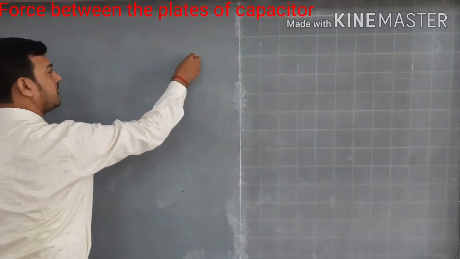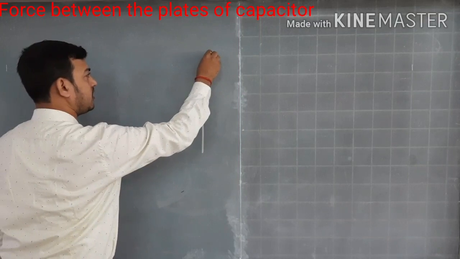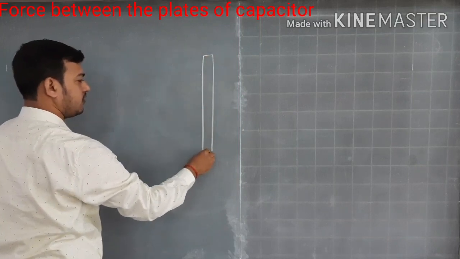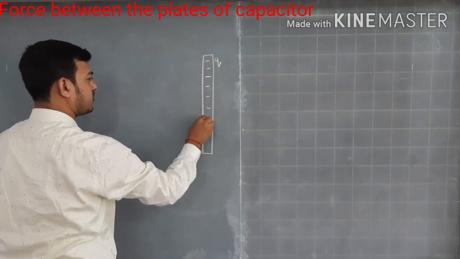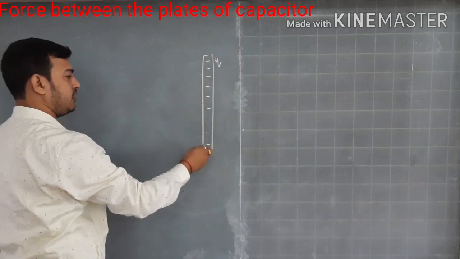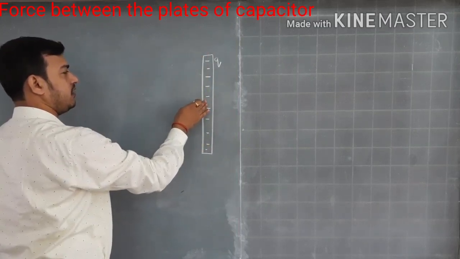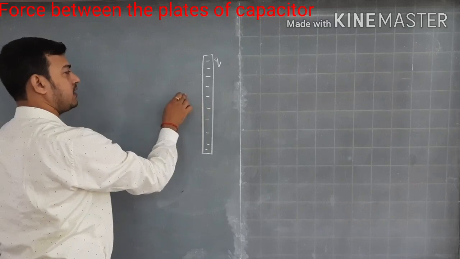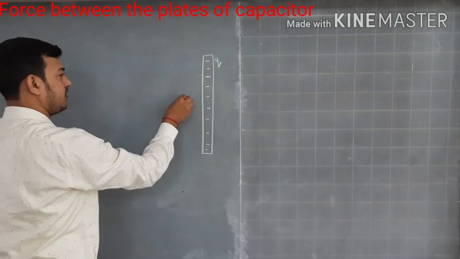Let us assume that it is a negatively charged plate. This contains a charge of minus Q. We know that if we have a negatively charged plate, then the electric field outside this plate is given by sigma by 2 epsilon naught.